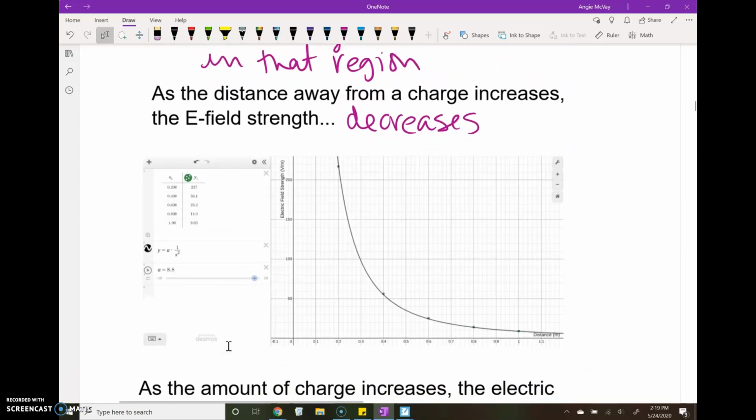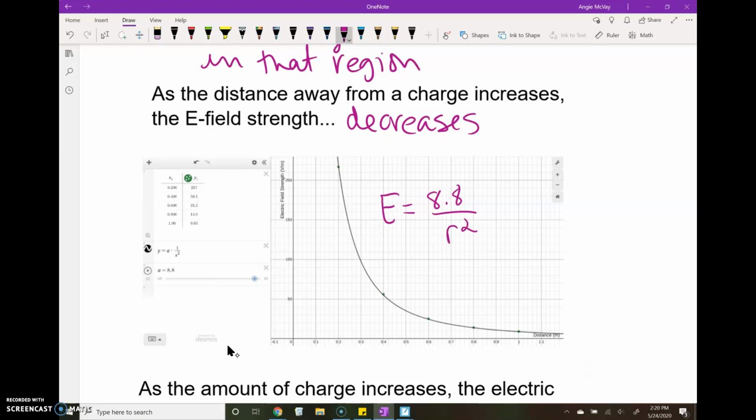This is a graph that I literally pulled off of a student's assignment. You would have seen that electric field strength and distance are related in an inverse squared relationship. So this person got electric field strength equals 8.8 over distance squared.